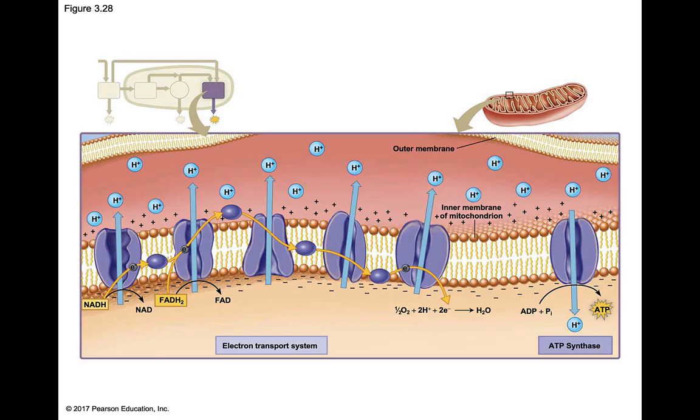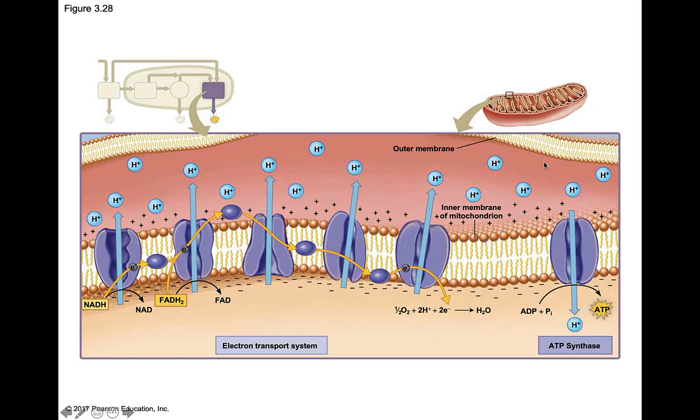Now remember, along the way, we produce a lot of electron transport molecules. So this is what's happening here. During the electron transport system, these electrons are going to be moved through these structures within the inner membrane. And as that's happening, the energy used in those electrons moving through these structures is used to pump a lot of hydrogen ions into the outer membrane.